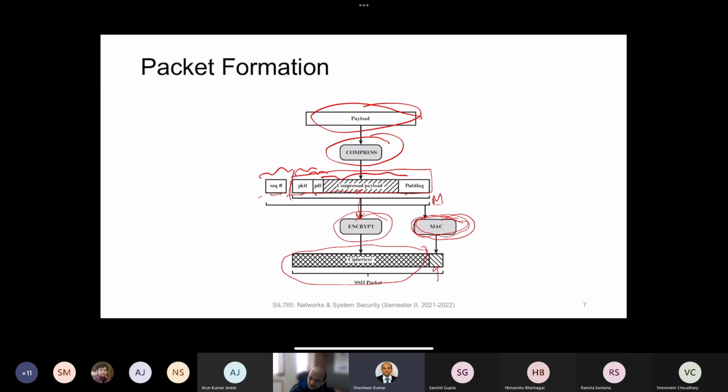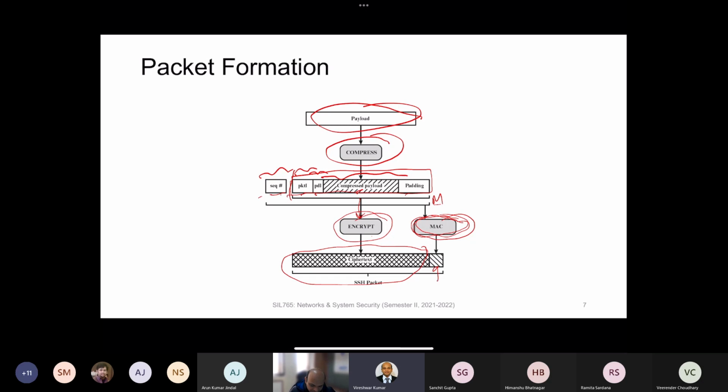And then you have this authentication tag. So you are doing both encryption and authentication of the message, and then you are sending that over. Therefore, this way of doing authenticated encryption is called encrypt and authenticate.